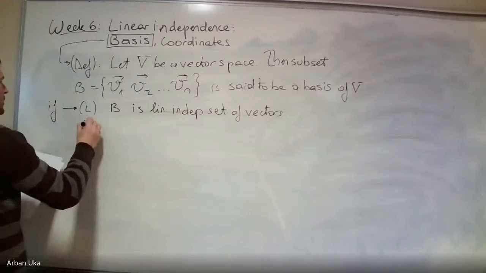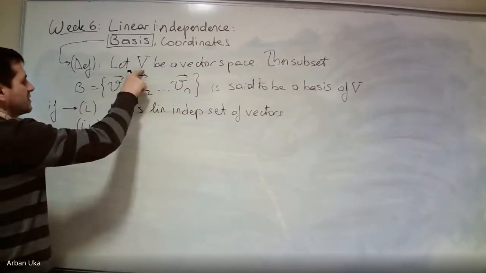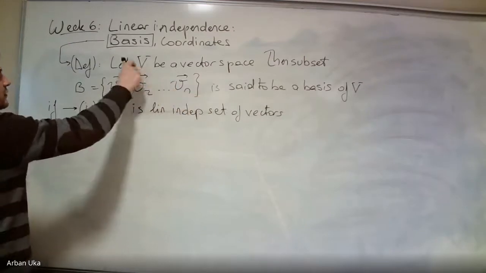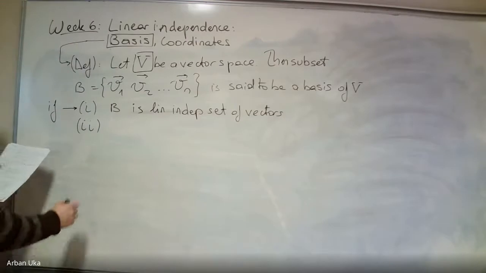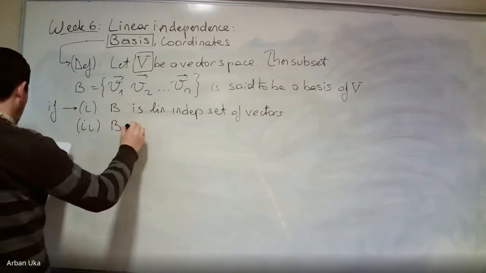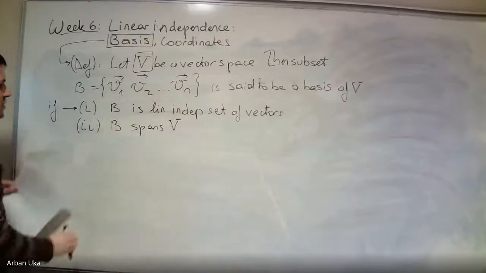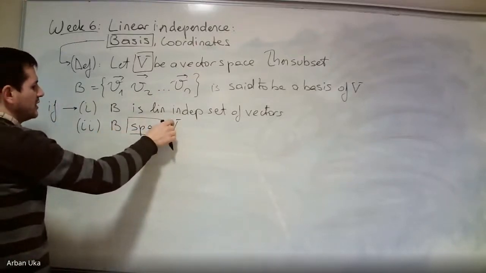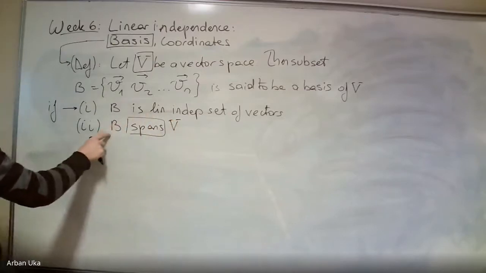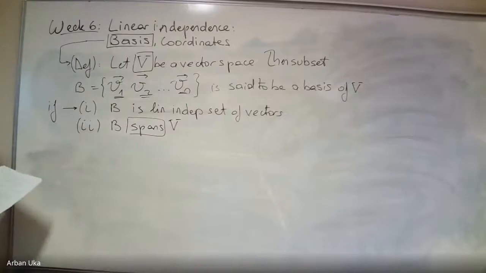And the second condition for B, when B is a subset of vector space V, to be a basis is that B spans V. This means that we can describe any point in V using the vectors which compose the set itself.